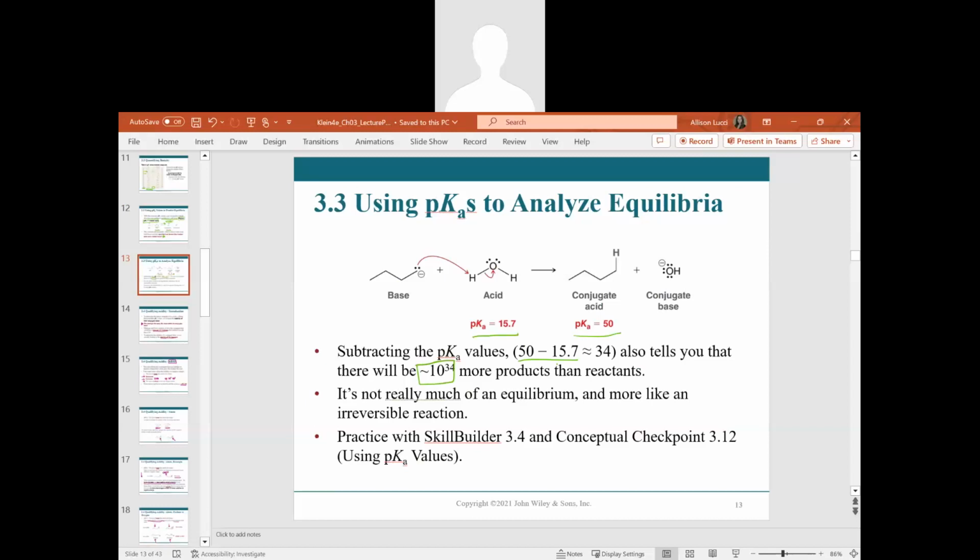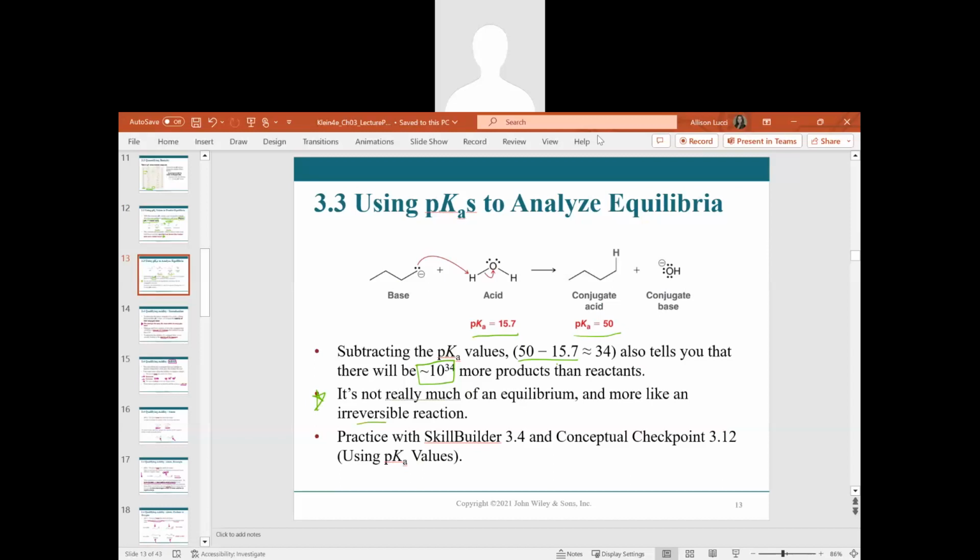So this just shows you that with those weaker acids or bases, you can have a much higher concentration at equilibrium. And down here they clarify that since this value is that high, this really is more like an irreversible reaction than an equilibrium.